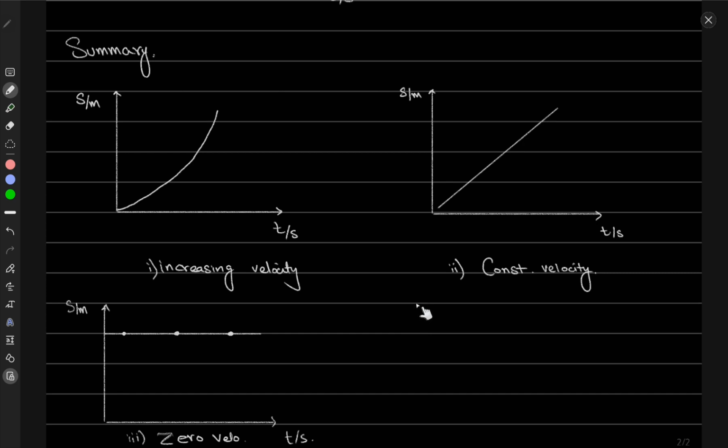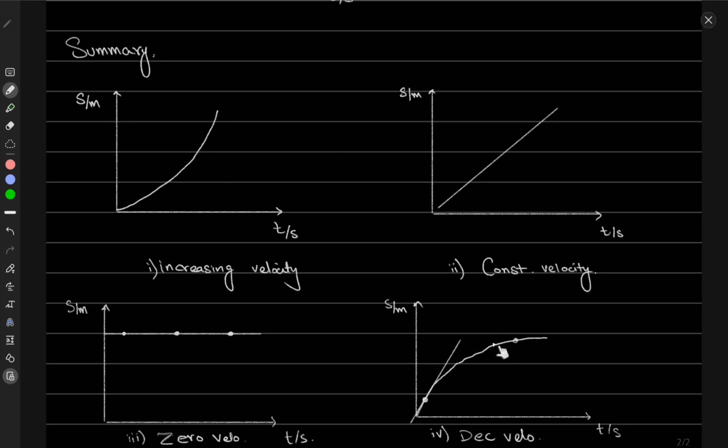Next, you can have a case of decreasing velocity. And we saw that if I have a case of decreasing velocity, which is case 4, and this is time, here we have displacement in meters, then the slope should be decreasing. And we know a decreasing slope would look something like this, because again, at every point, if I were to draw a tangent, the tangent would look something like this over this point.